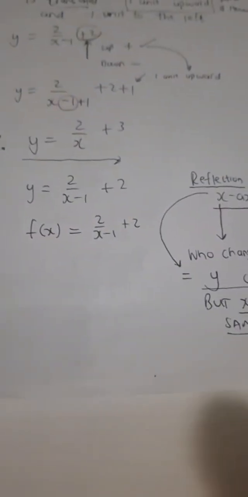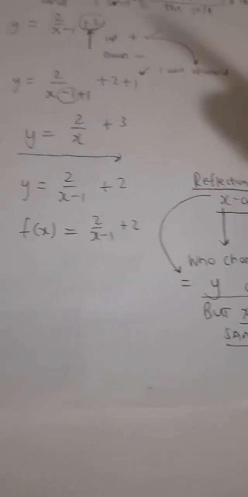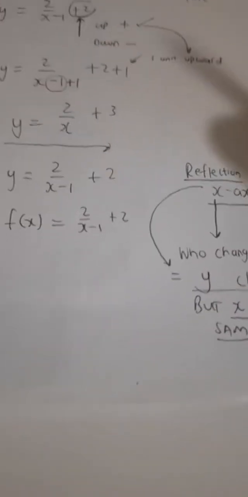If I were given the equation y is equal to 2 over x minus 1 plus 2. Okay, so let us go back here just before I go to the equation.